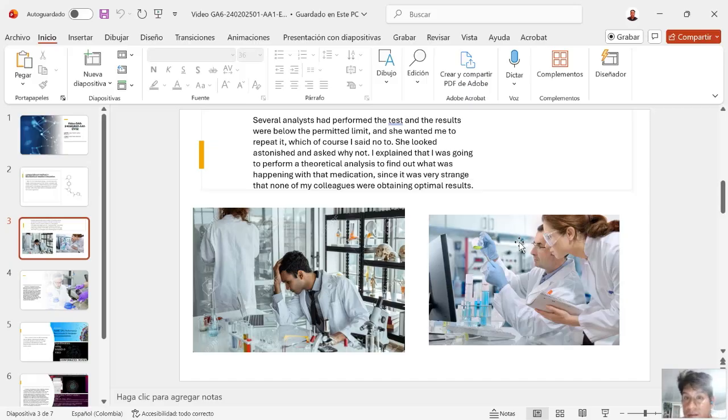I explained that I was going to perform a theoretical analysis to find out what was happening with that medication, since it was very strange that none of my colleagues were obtaining optimal results.